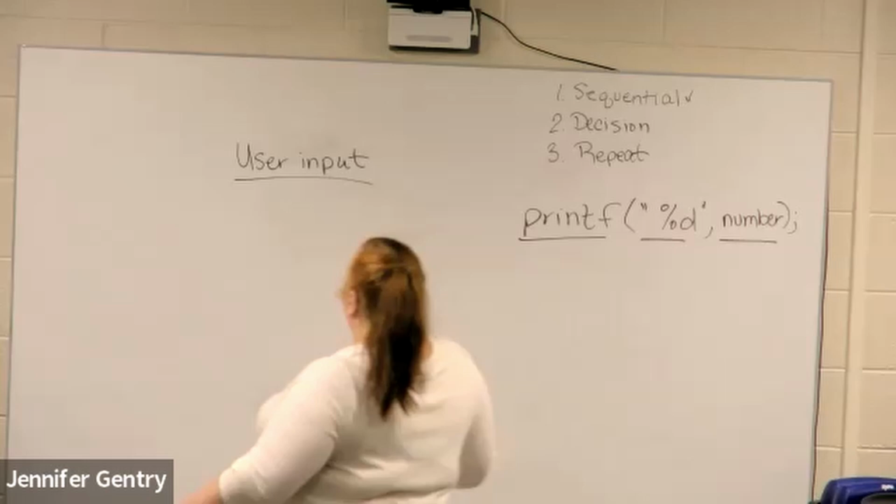I know some of you were playing with the average last time, where you had like 5.3 and it gave you like 8,000 at the end. You want to say, I want 2 decimal places. So say we're doing money, right? Money, we only need 2. For %f, you can put a number, dot, and a number. What that does is it tells the formatter, I want this many numbers, I want this many decimal points.